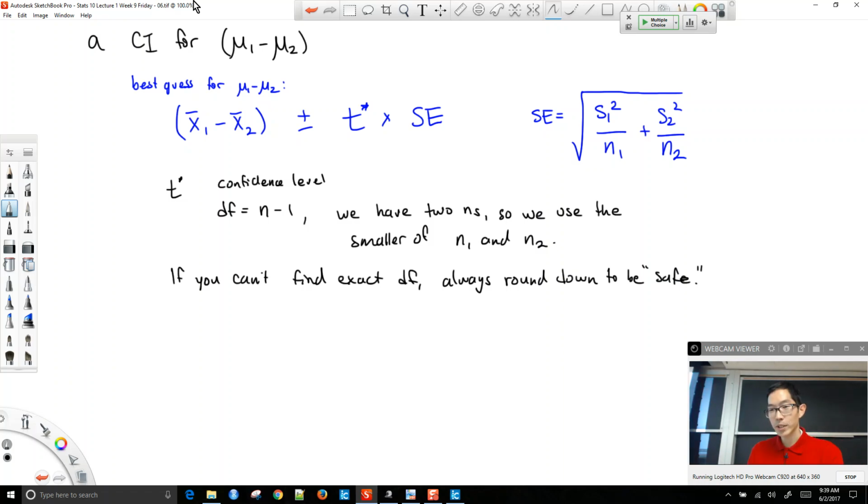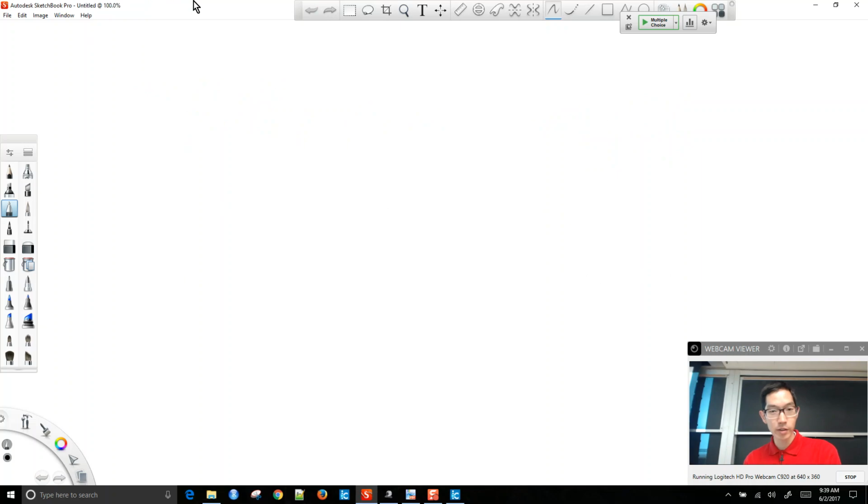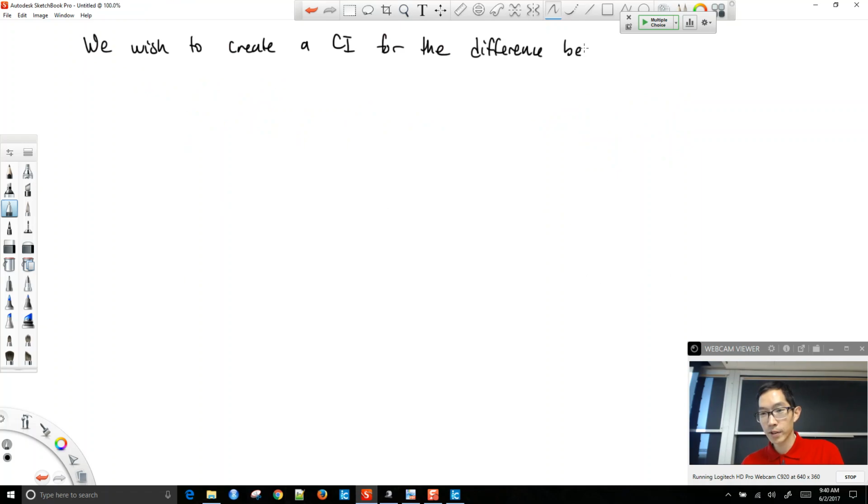Okay, so we'll try another example here. Let's say we wish to create a confidence interval for the difference between the mean weight of, what do we want to do?